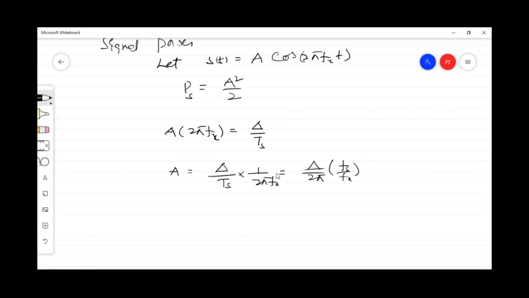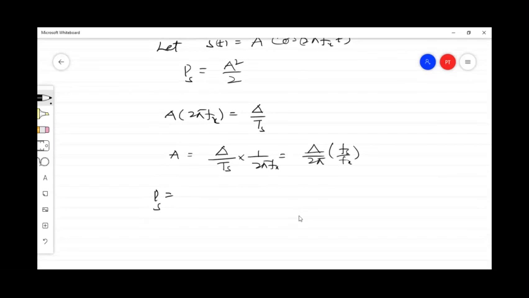Now we can substitute here the Ps. How much is Ps, the signal power? It is A square by 2, that is del square by 4, and 4 into 2 means 8. So it is del square by 8 pi square, into fs by fx.